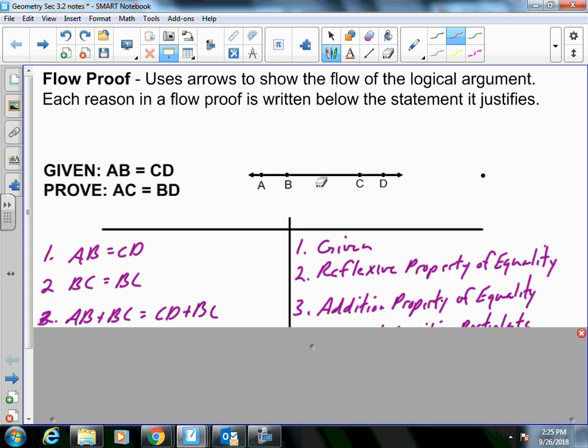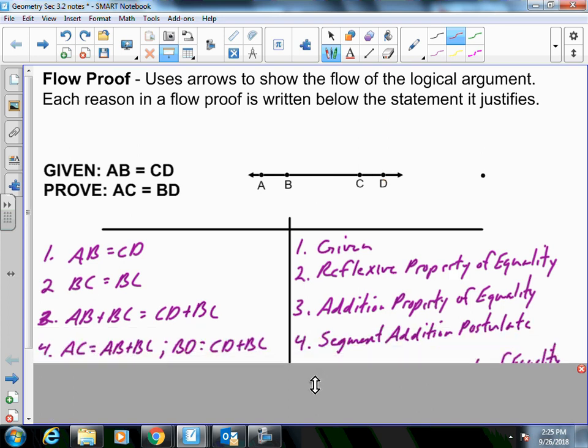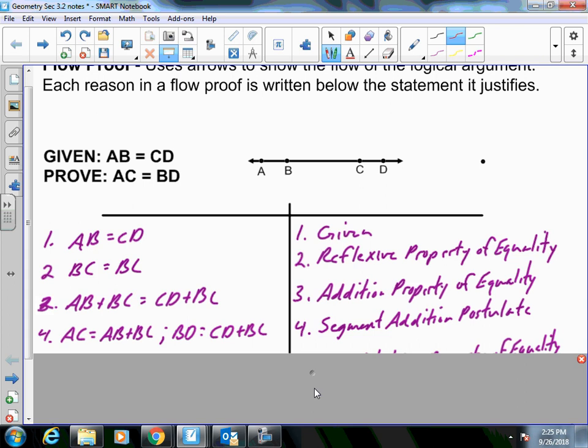AC is actually AB plus BC, and BD is actually BC plus CD. That's the segment addition postulate, where we're showing that two small segments can be added together to equal a bigger segment.